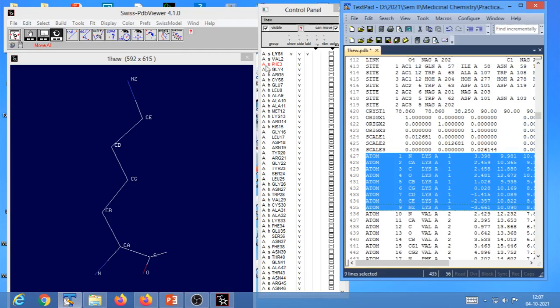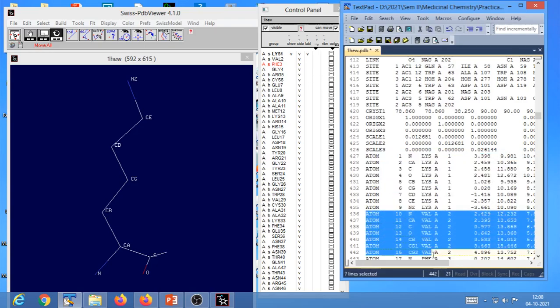So it is present in chain A. Proteins can be multimeric in nature as well, so there can be different chains, chain A, chain B, right? In our case, this lysine is from chain A. And this particular column would tell us this is the first amino acid residue. The data from this line to this line belongs to the first amino acid residue, that is lysine.